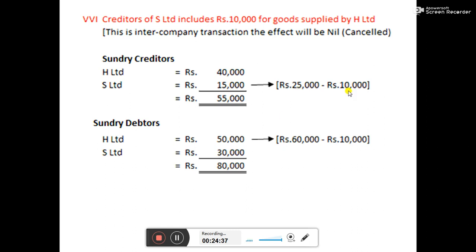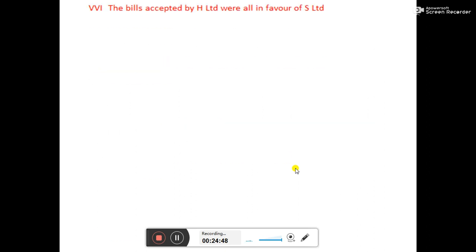If you see this carefully, here we are removing 10,000, and the same 10,000 we are removing from here, and the effect is nullified. So moving on to the next very important adjustment working note: the bills accepted by S Limited were all in favor of H Limited. This is an intercompany transaction. The effect will be the same, nullified.